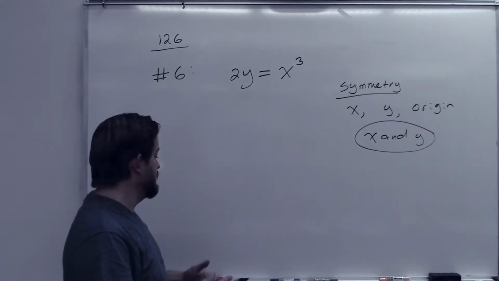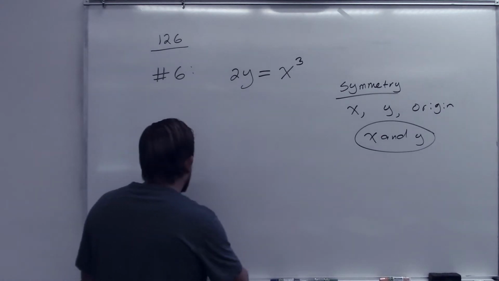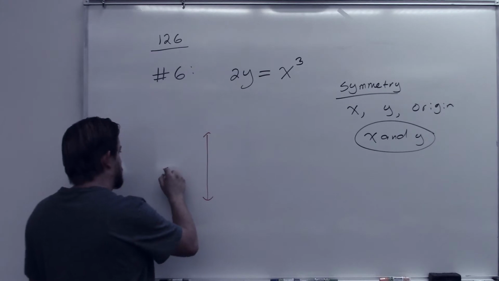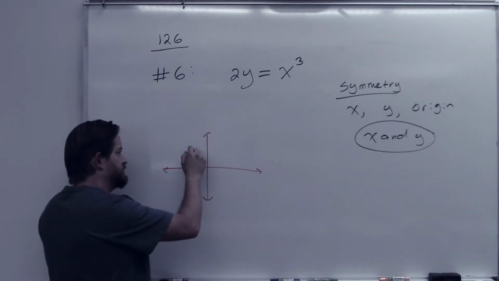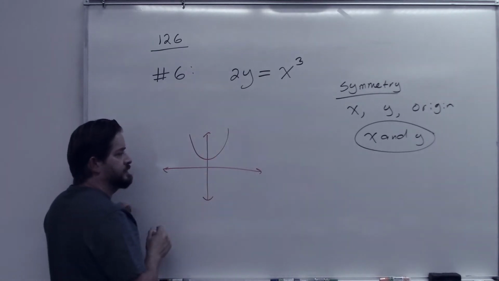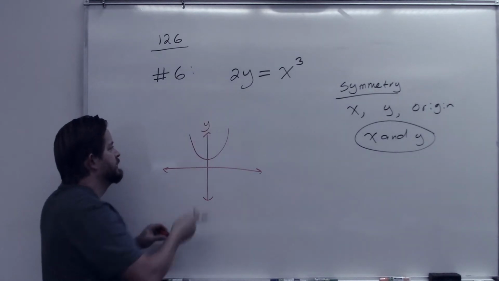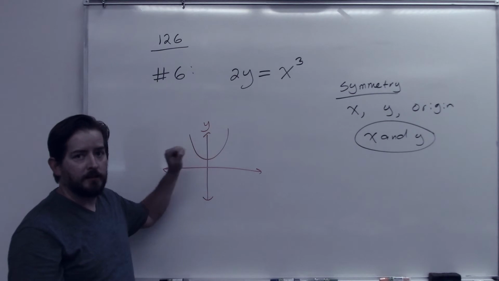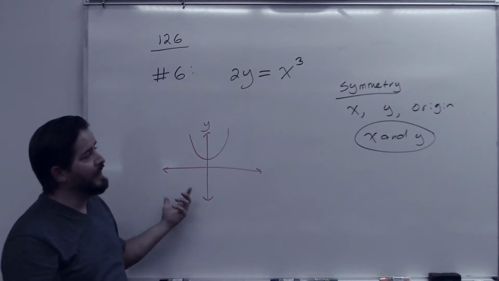If we think about what is happening here, if I look at a graph that has symmetry about, say, the y-axis, and you take this and flip it around the y-axis, it's the exact same thing. That's what symmetry about the y-axis means.